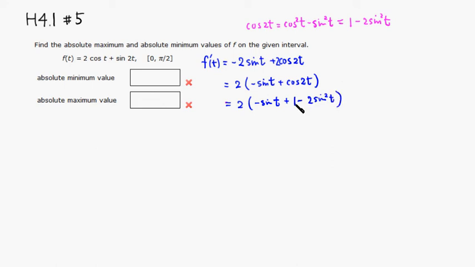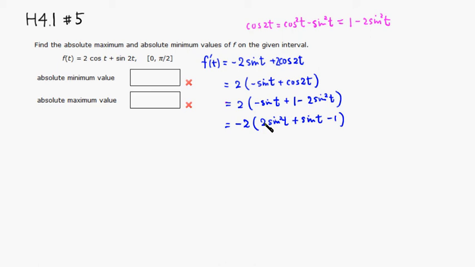Actually, I'm going to factor out the negative sign too. So negative 2 times 2 sine squared of t plus sine of t minus 1, because we're pulling a negative sign out.